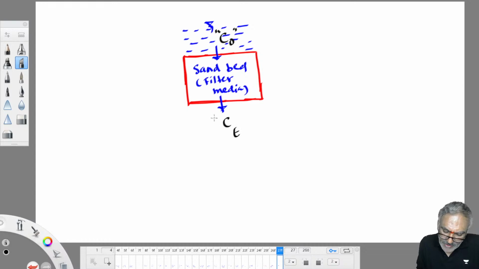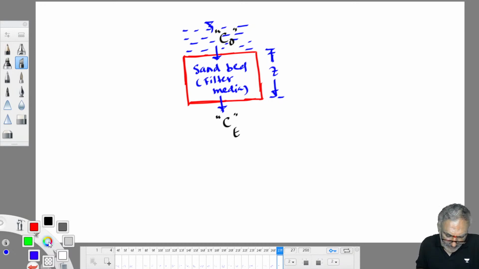After passing through the sand bed, the concentration of impurities is Ct. This Z is called the thickness of filter media. So when water passes through a thick sand bed, the concentration of impurities is reduced from C0 to Ct. So the change in concentration is C0 to Ct. This process is called filtration.